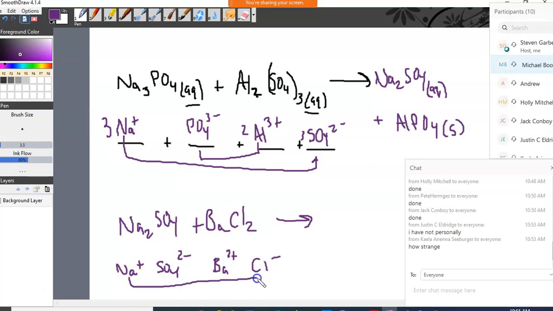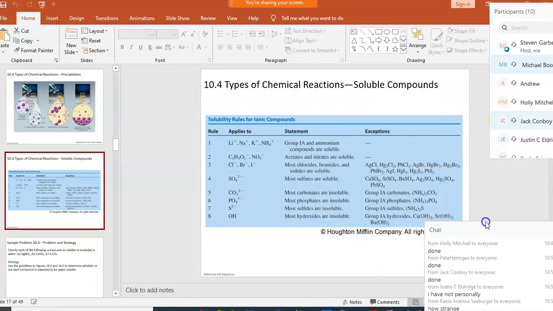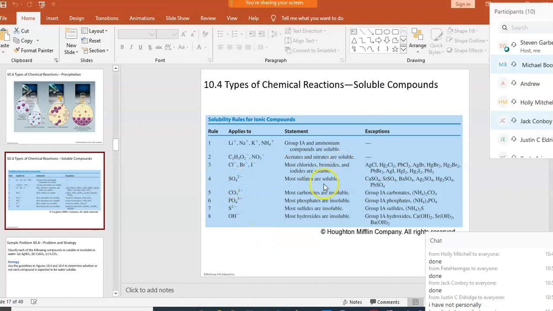So the sodium pairs up with the Cl, NaCl. That's going to be aqueous because it has a sodium on it. And then barium sulfate: all sulfates are soluble, however barium sulfate is one of the exceptions, so it's going to be insoluble. That's what my solid is going to be.